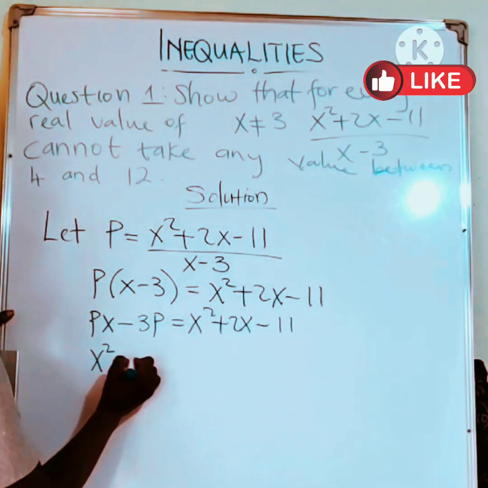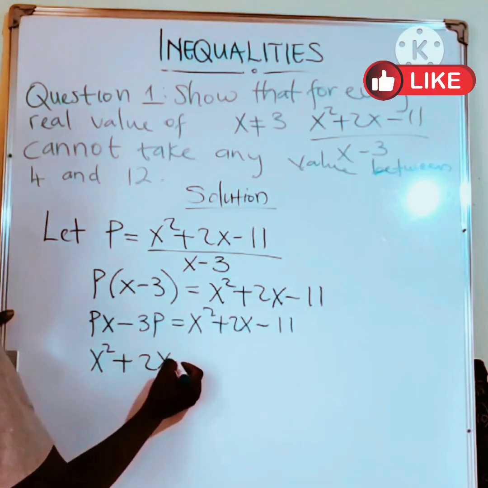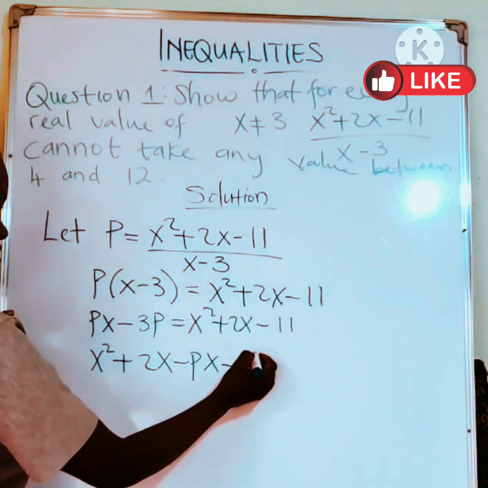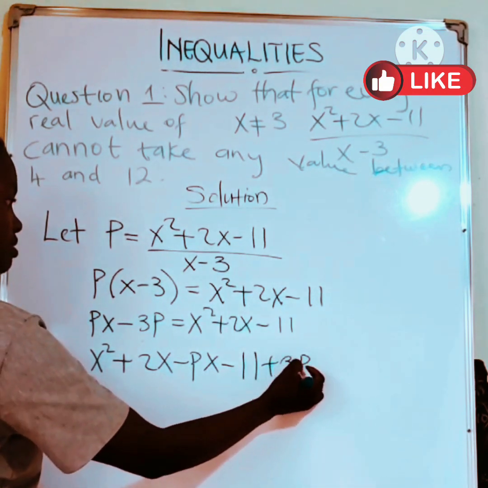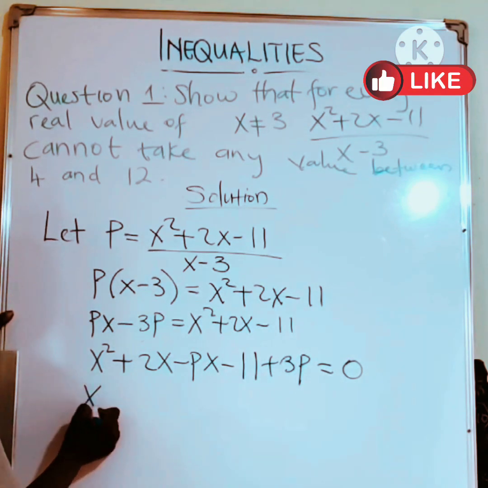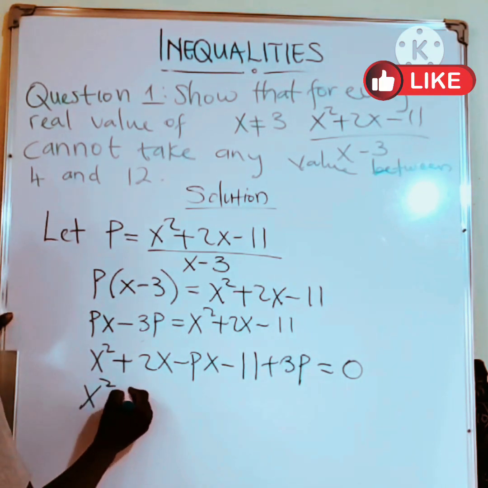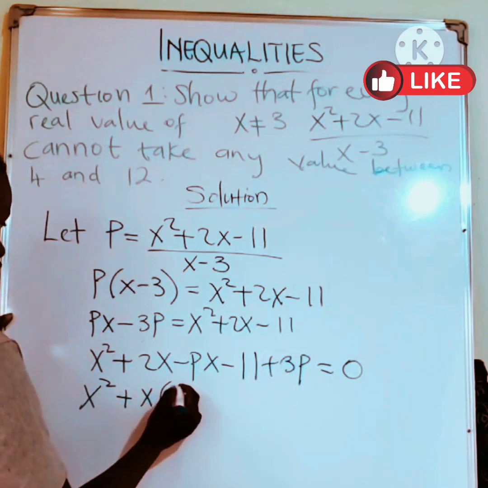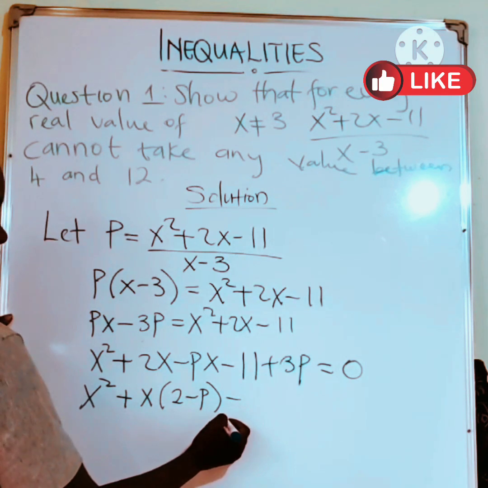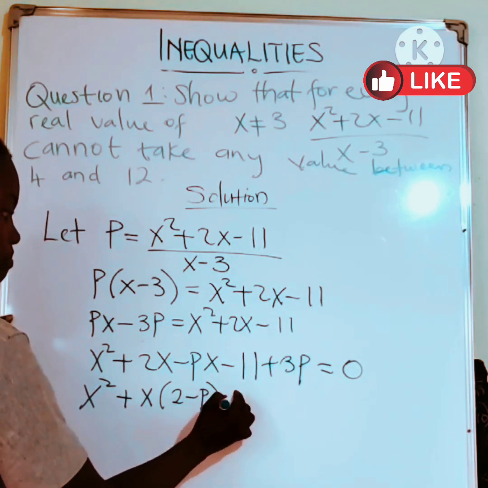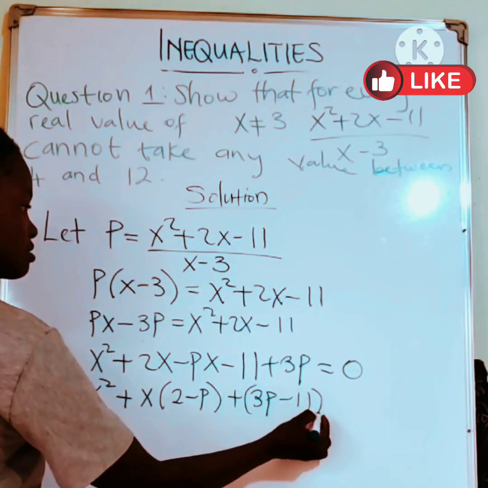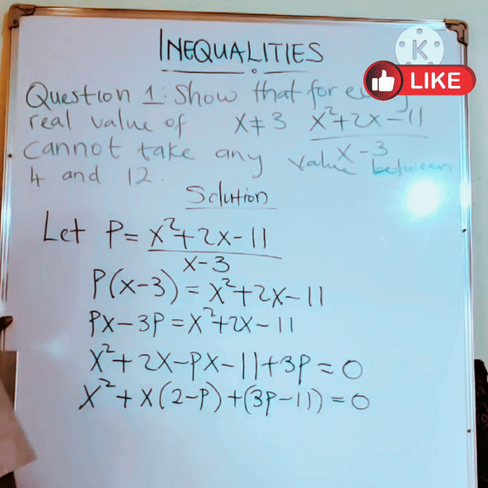So x squared plus 2x minus px minus 11 plus 3p is equal to 0. So x squared plus x into (2 minus p) plus 3p minus 11 is equal to 0.